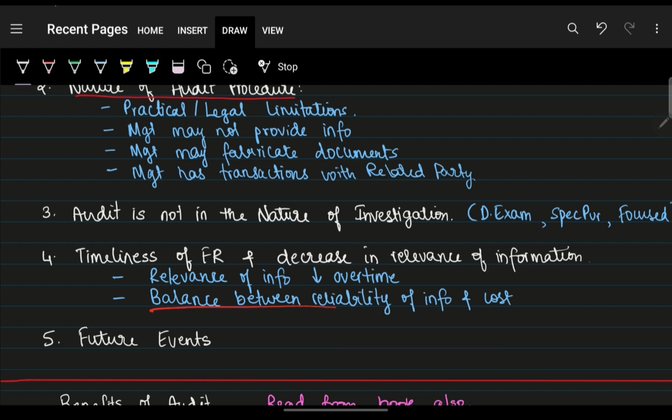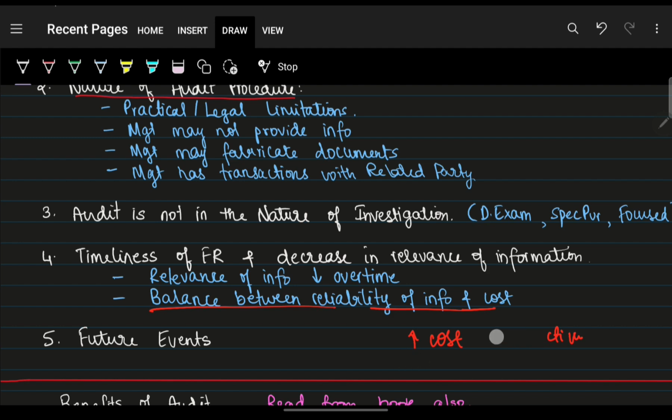And there should be a balance between the reliability of information and its cost. You can achieve high reliability by taking a massive audit team with you, but that is going to cost you. What if there reaches a time when the cost of conducting the audit surpasses the fees that you've charged?